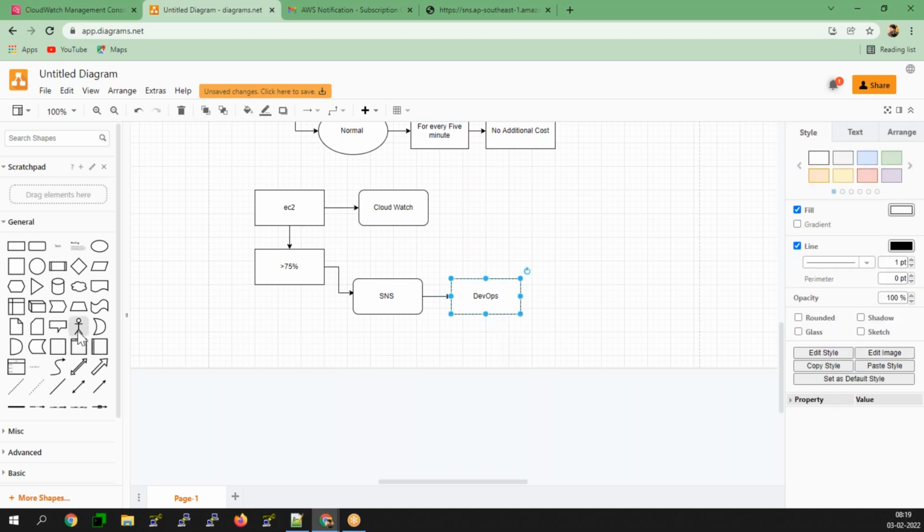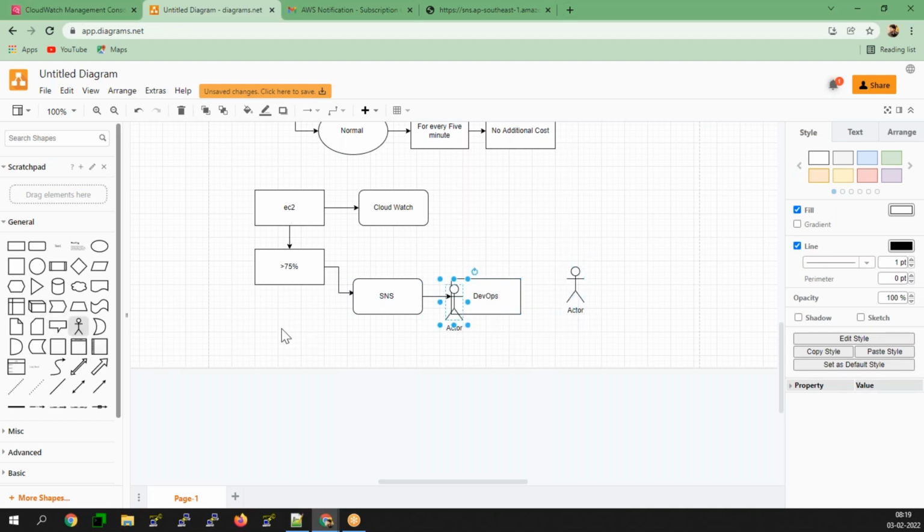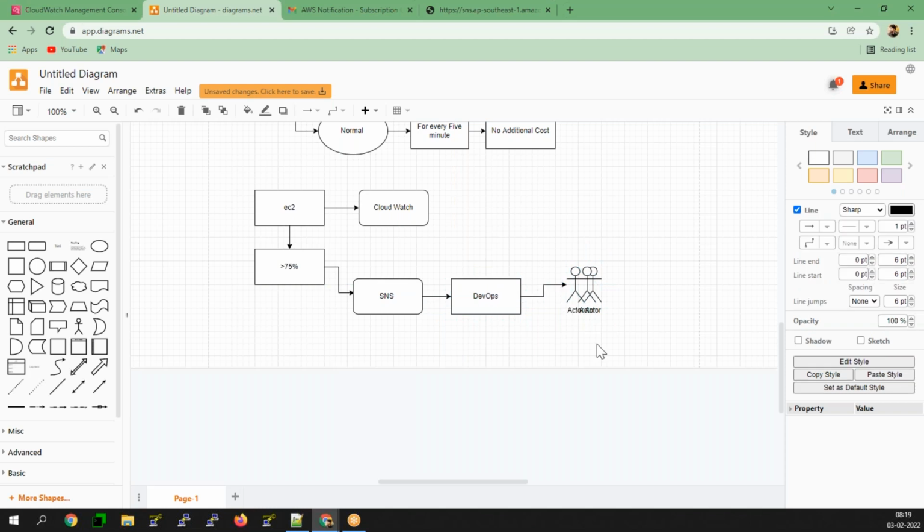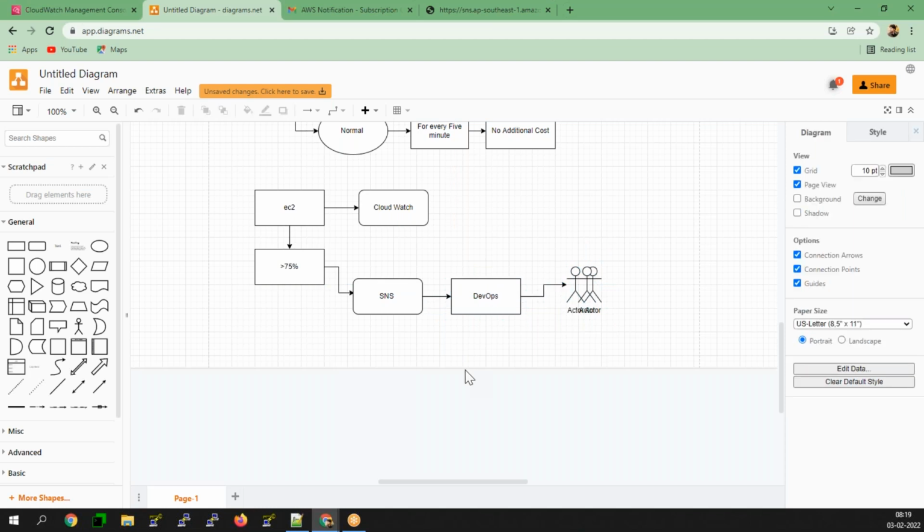And the people are going to be subscribed here. This is how it happens.